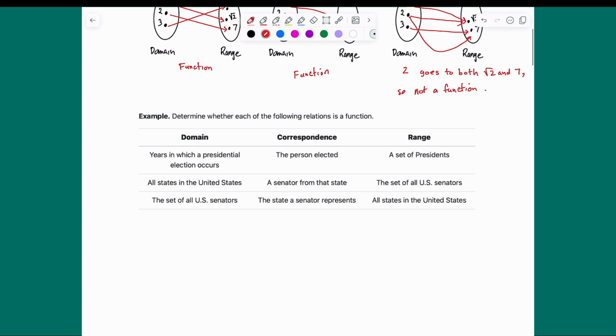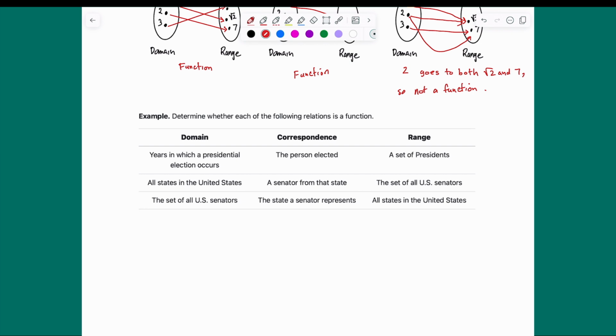Here we're asked to determine whether each of the following relations is a function. Under the column domain, we describe the set of values. In our first row, we have years in which a presidential election occurs. The next row is all states in the United States. The third row is the set of all U.S. senators.